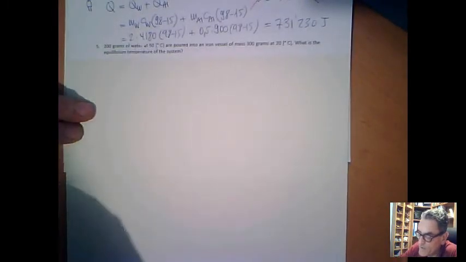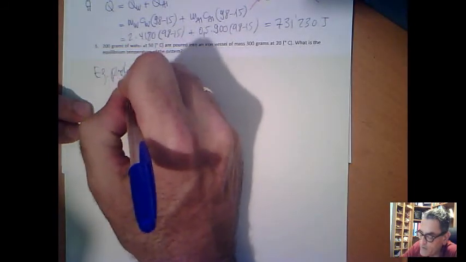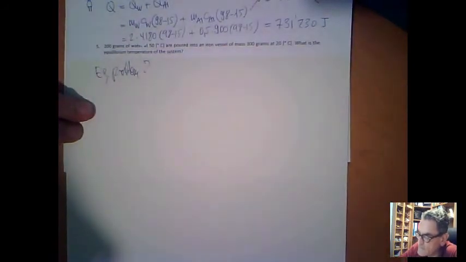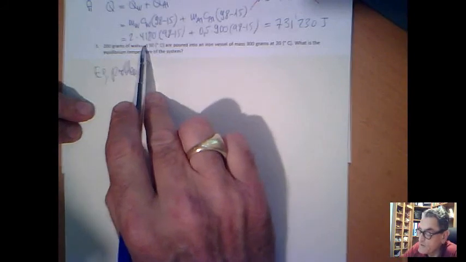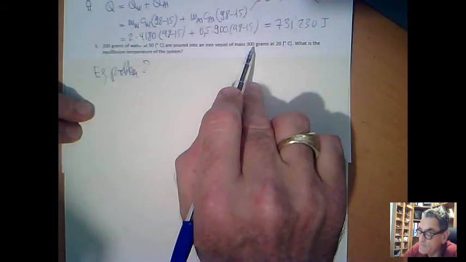Okay, next one, number 5. Is this an equilibrium problem or not? Read it. Is this an equilibrium? Yes, it is an equilibrium problem because we are in an isolated system consisting of 200 grams of water and an iron vessel. Okay?